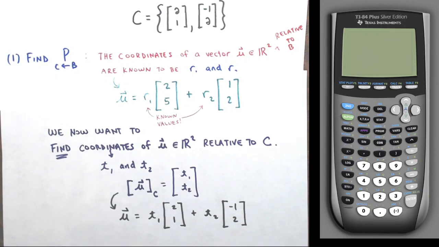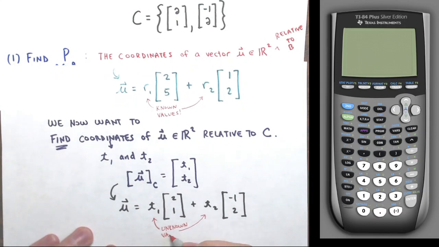I'll emphasize one more time that these are the values that need to be solved for. These are unknown values. I wish to know these. So R1 and R2 are fixed, they are known. T1 and T2 are my variables, the unknowns.